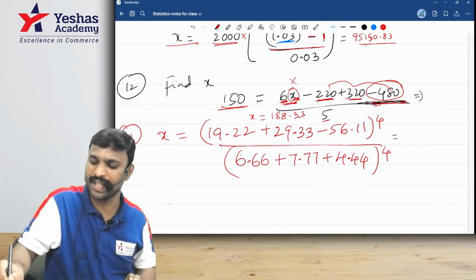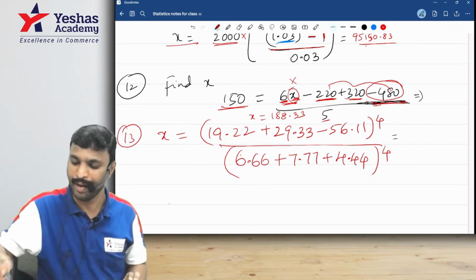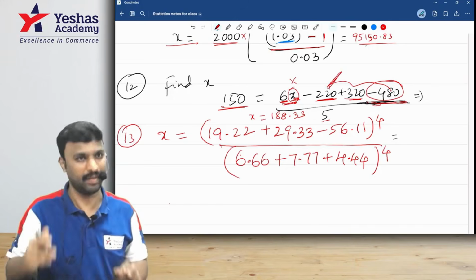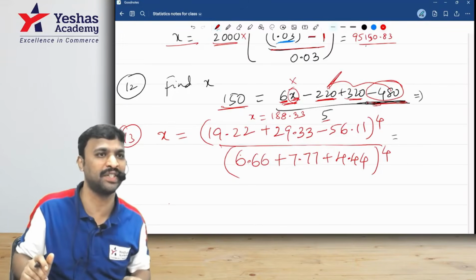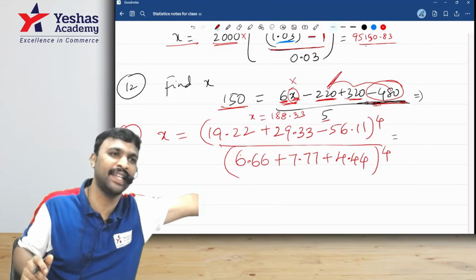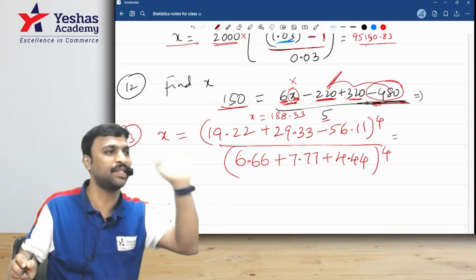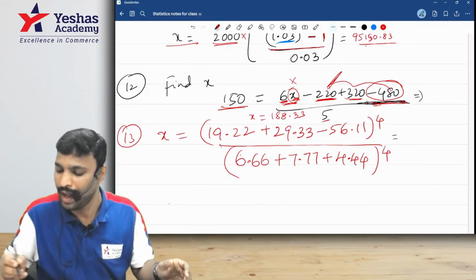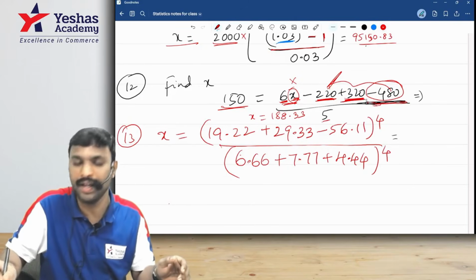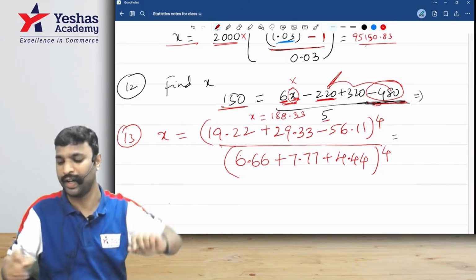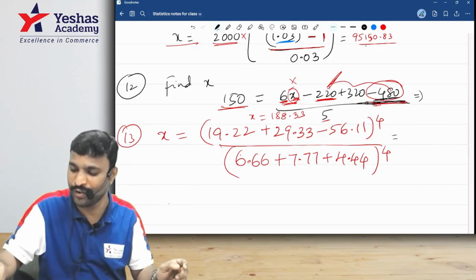Now we are done with whole divided by. So now what is added or subtracted with x? Minus 220 is there. 220 is subtracted with x term. If I take it to the other side, that gets added on the other side. So minus 220 becomes what? Plus 220. Please do that. And what happens to this 320? Minus 320. What happens to this minus 480?